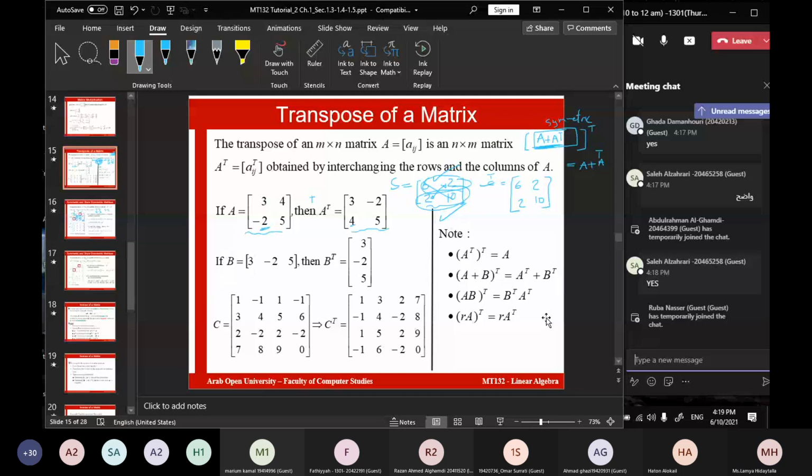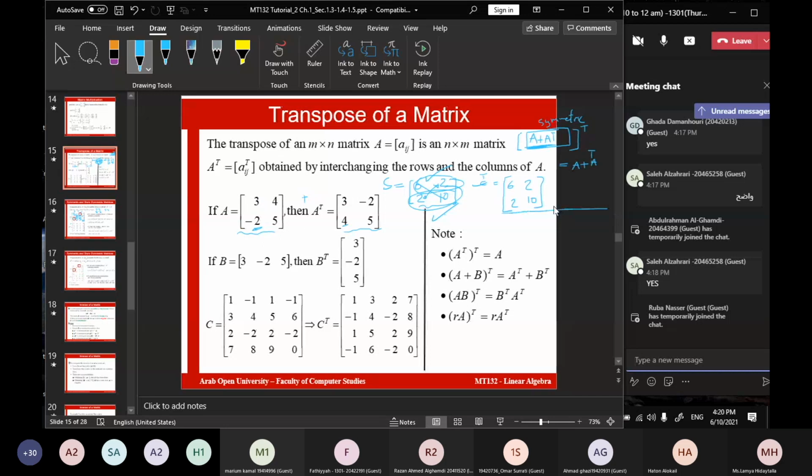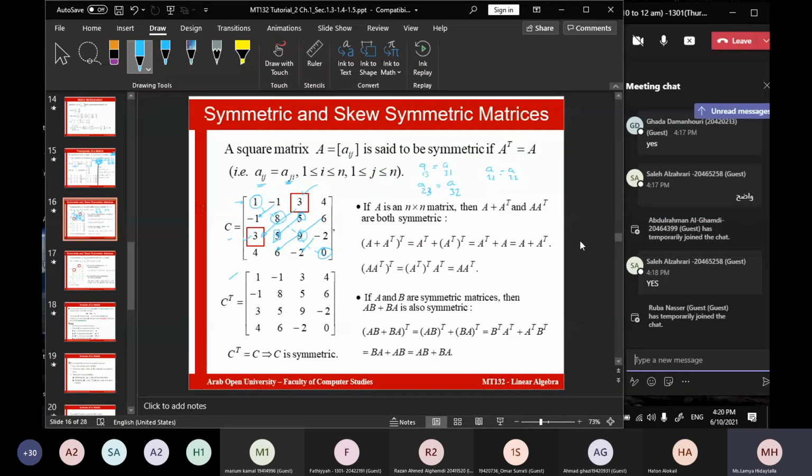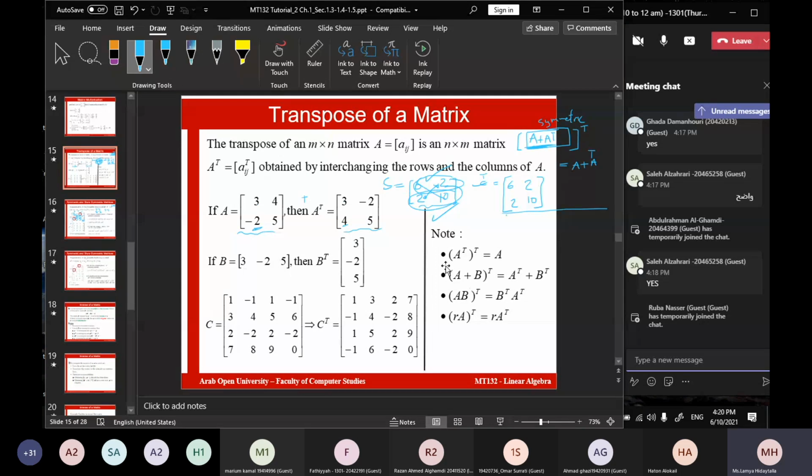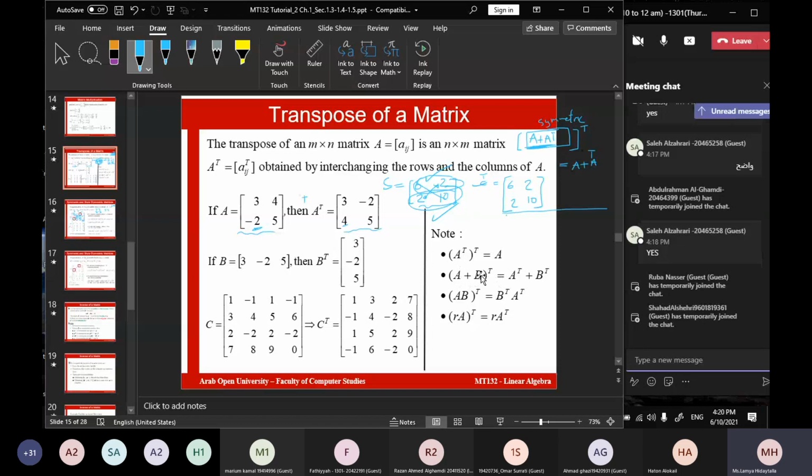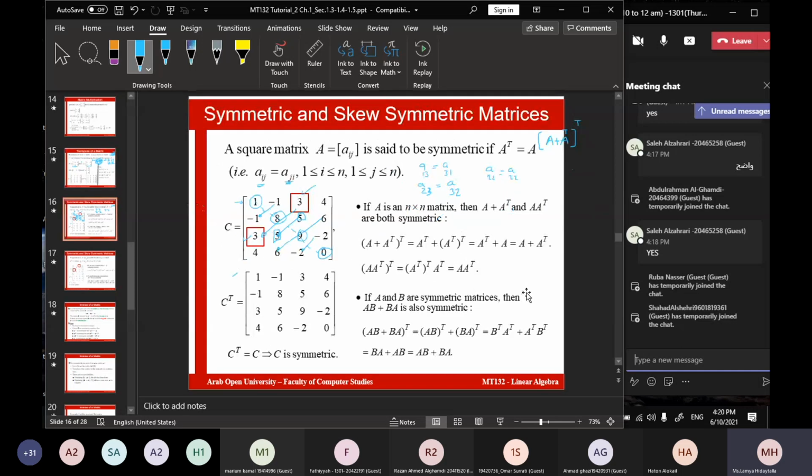Let's prove it. A plus A transpose. This is our original matrix. Now I want to find its transpose. We had this theorem just here: the transpose of A plus B, I can distribute the transpose on each, so it is A transpose plus B transpose, and I can use it here.